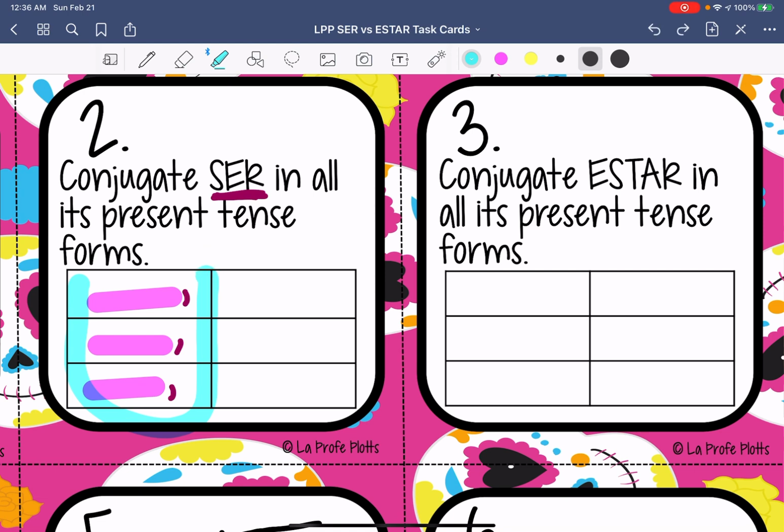You're going to type the next one, which is the nosotros form, comma, the vosotros form, comma, and the ellos, ellas, ustedes form, period.